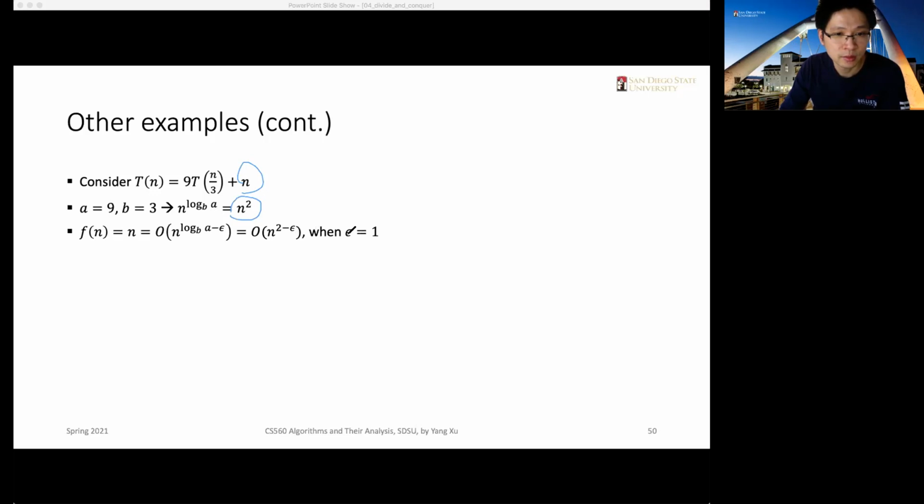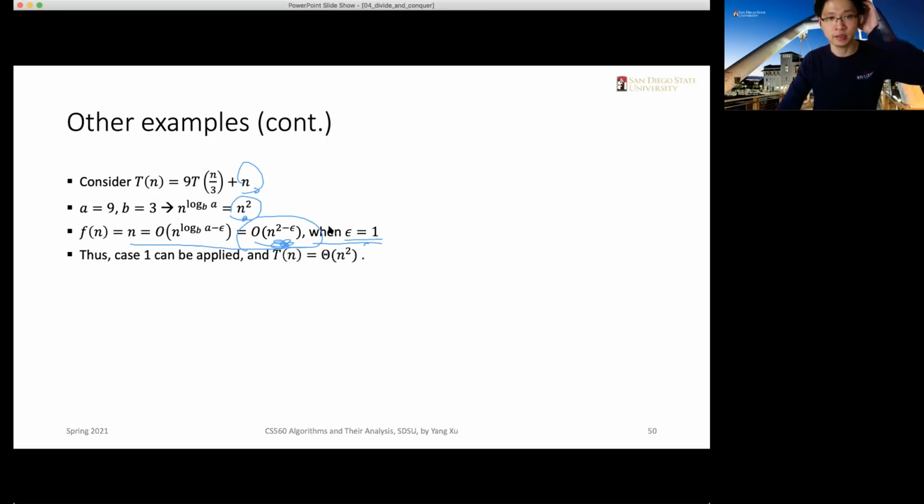When epsilon is smaller than 1, this quantity always holds. The quadratic function n squared is polynomially greater than the linear function. That is for sure. So case 1 applies, and we can directly say that the solution is bounded by the higher order term, which is the quadratic function.